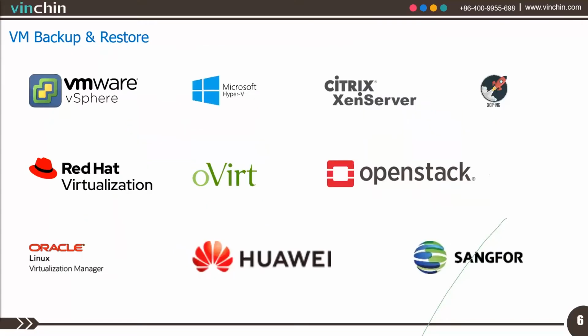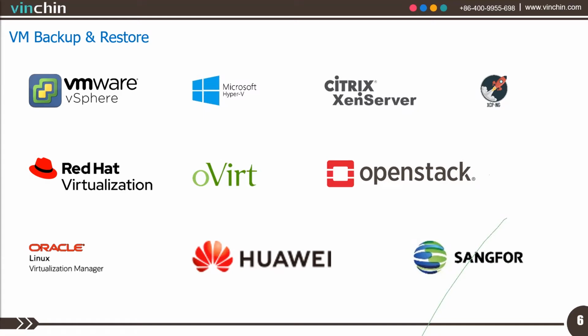Here's a list of virtual infrastructures that can be supported by a Vinchin Backup and Recovery server, including VMware vSphere, Microsoft Hyper-V, Citrix XenServer, XCP-ng, Red Hat Virtualization, oVirt, OpenStack, Oracle Linux Virtualization Manager, Huawei FusionCompute, and Sangfor HCI.